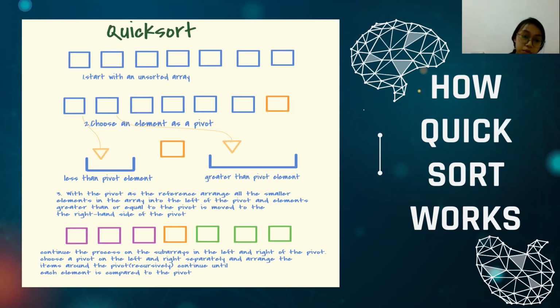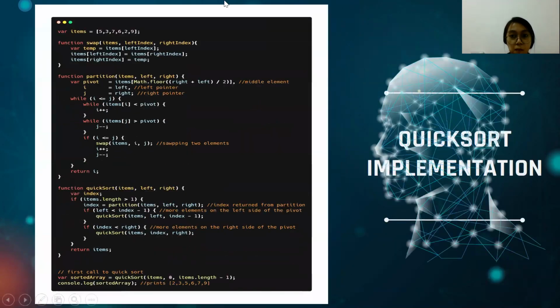And next, continue the process on the subarrays to the left and right of the pivot. Choose a pivot on the left and right separately and arrange the items around the pivot. Continue until each element is compared to a pivot.